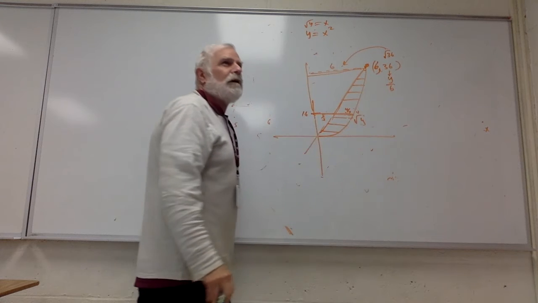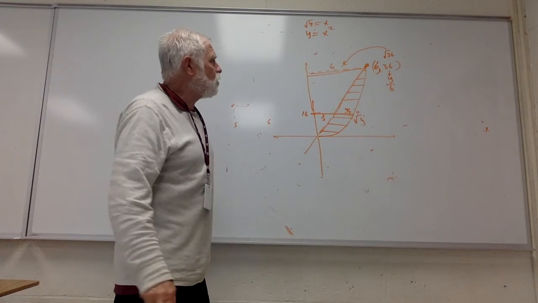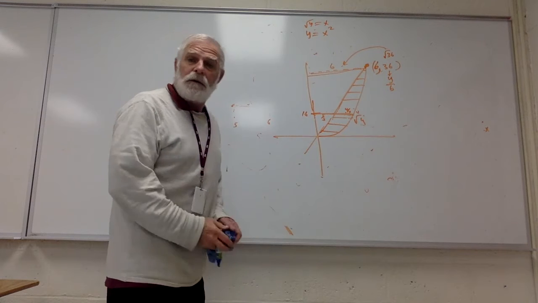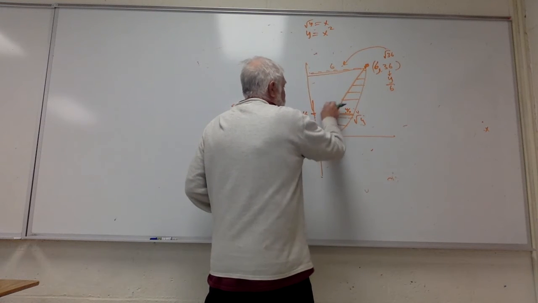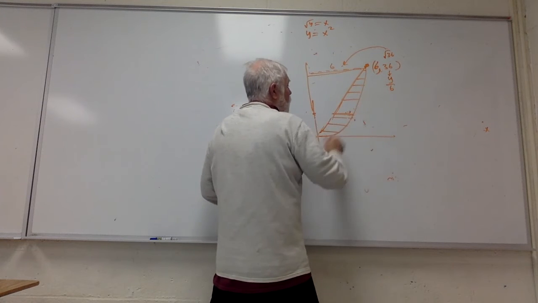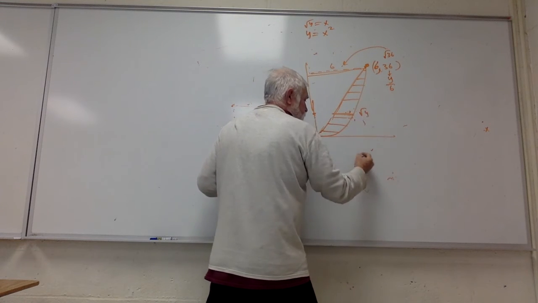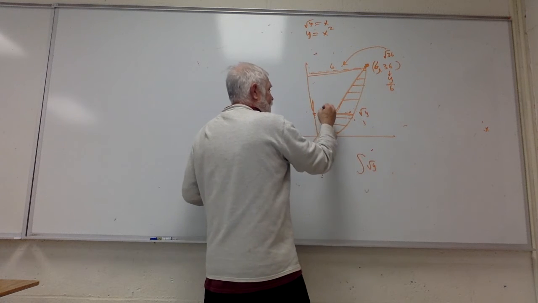What's got a nice divided by 6? 24. No, that doesn't work so well with the square root. All right, would have been nice if it was all integer friendly. But bottom line is, what are we going to do? We're going to take the right, we're going to subtract the left.